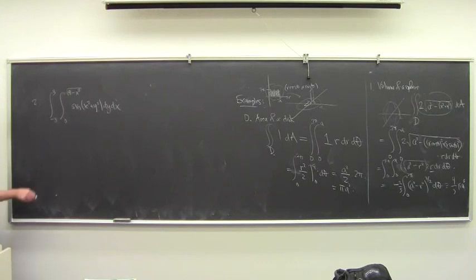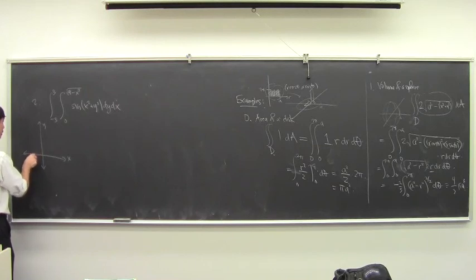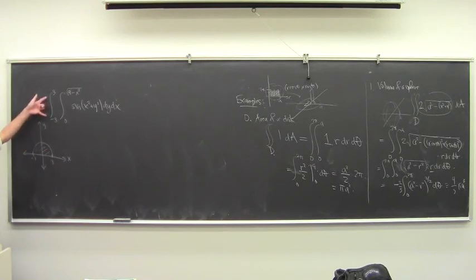I mean, it could be useful to see what the domain of integration looks like. Here's x, y, and x goes from negative 3 to 3, y goes from 0 to square root of 9 minus x squared. So it's a half circle. That's our domain of integration, and we've expressed it as an x simple region.